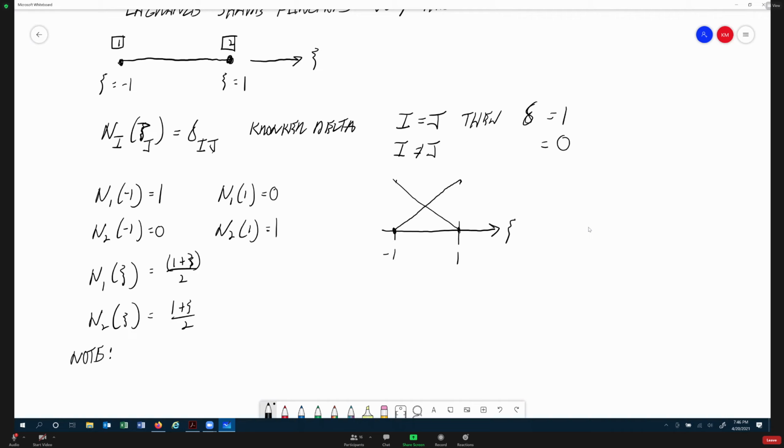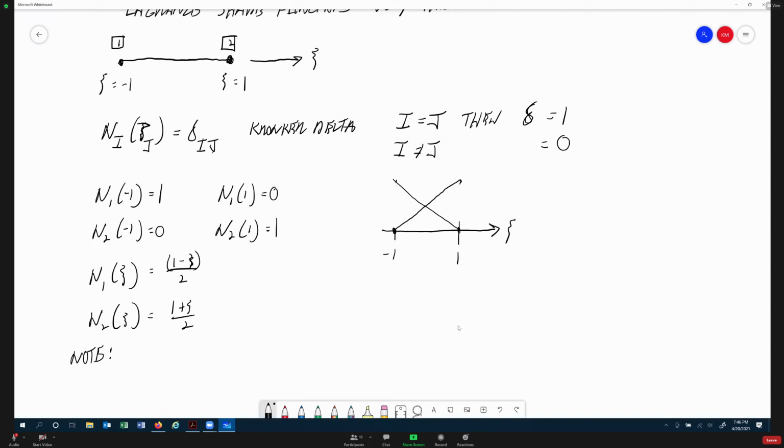Yeah, it's negative. One is 1 minus C over 2, and the other one is 1 plus C over 2. But it changes.